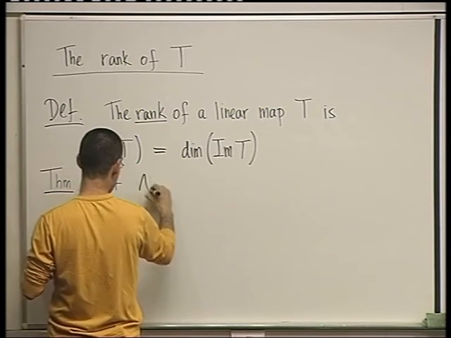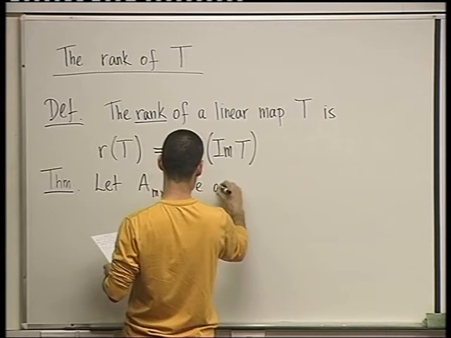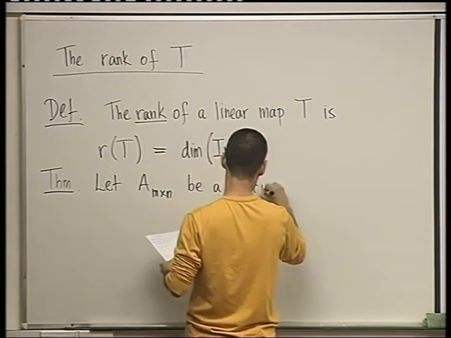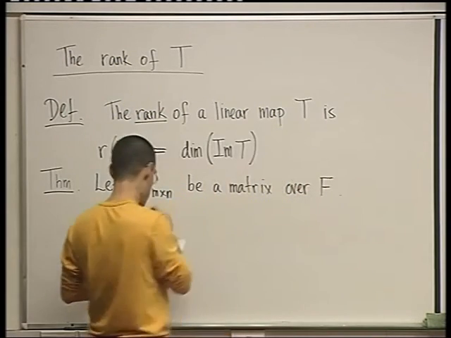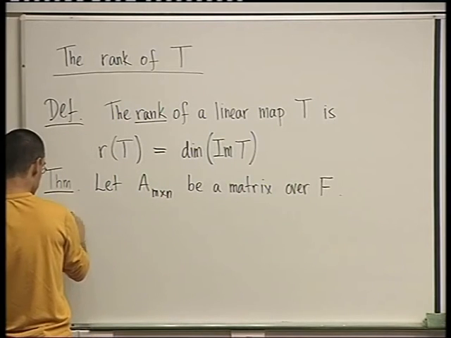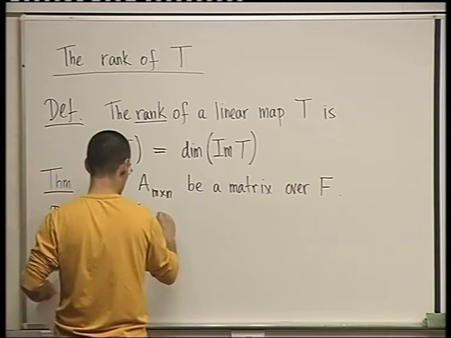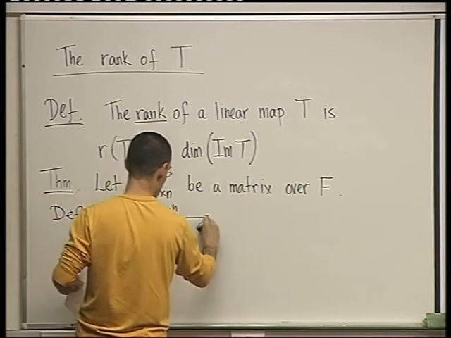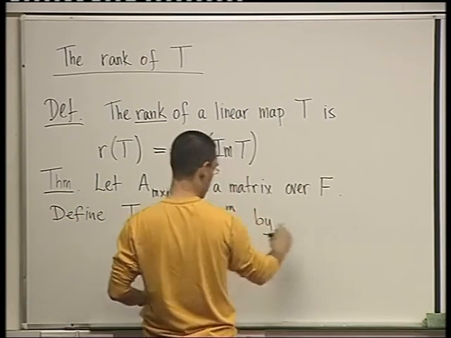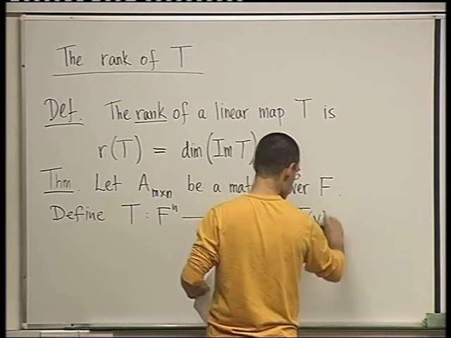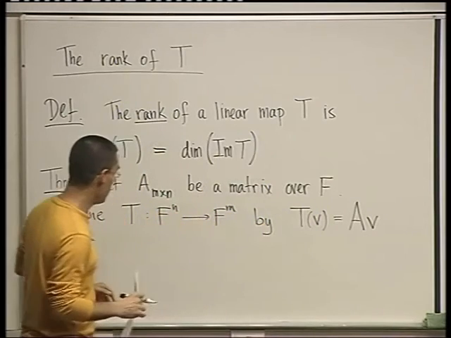Let A, some m by n matrix, be a matrix over some field F. Define the linear transformation going from Fn to Fm by the matrix T of V equals, take that given matrix and multiply it by V. Okay?